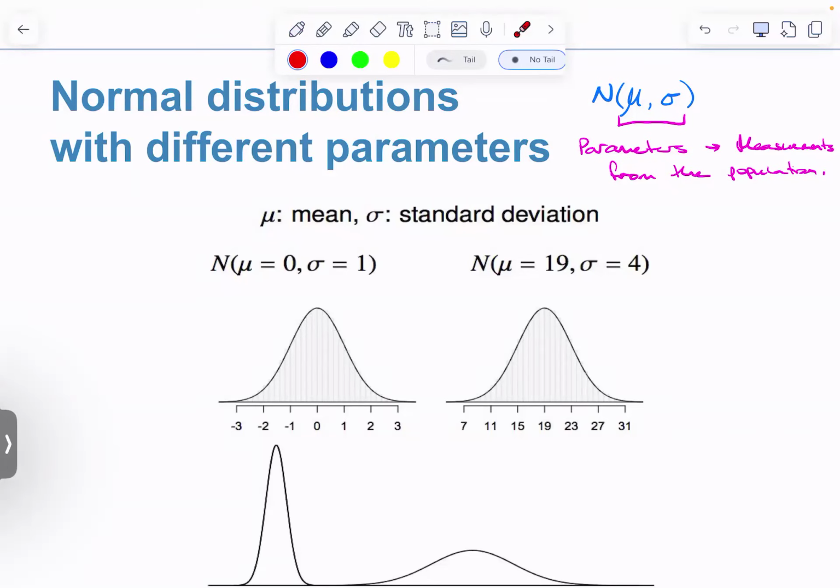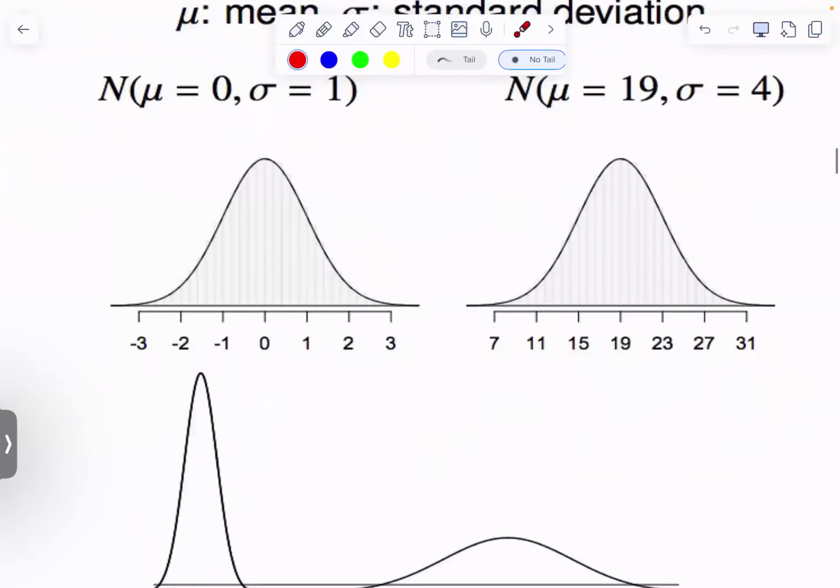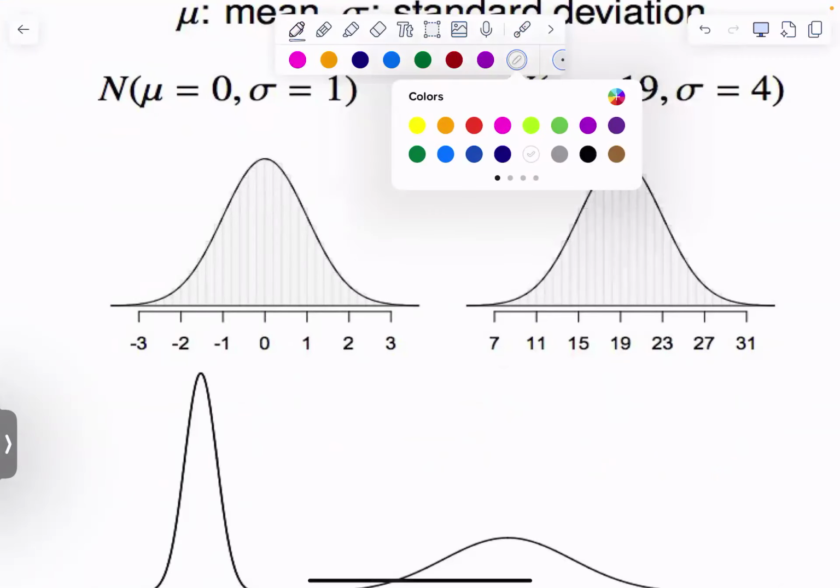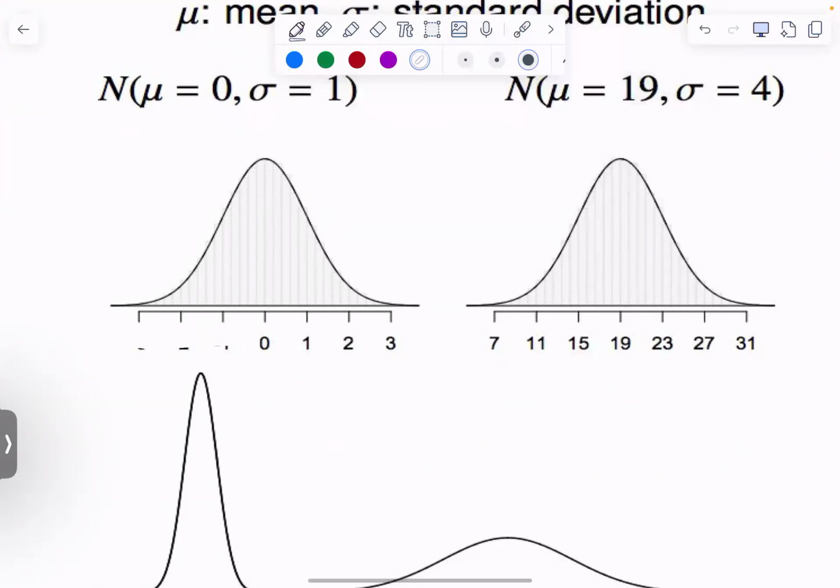If you don't know anything, and if you kind of ignore the scale for a bit here, let's see what I can do. Those two things look the same to me, right? It's just the center and the spread are different. Ta-da.